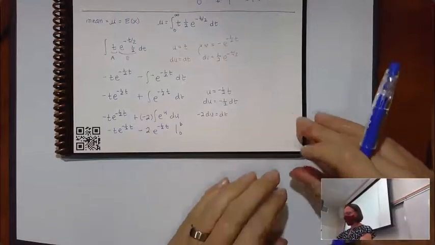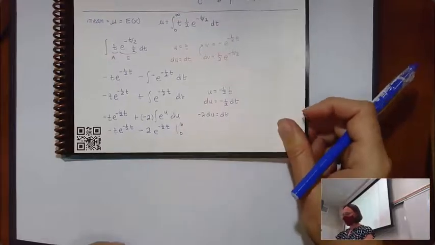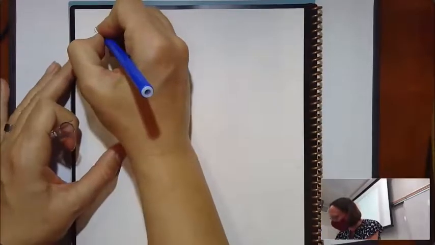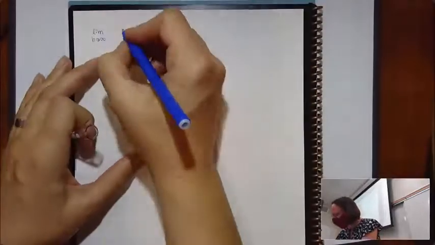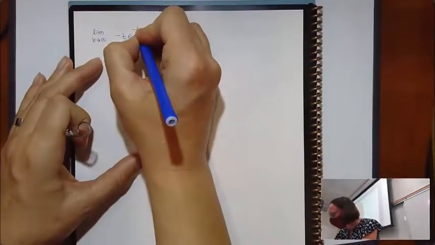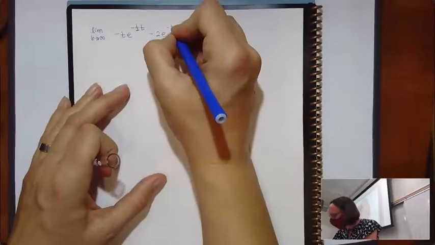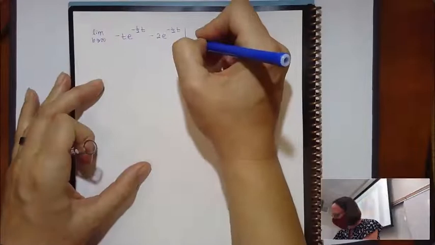Okay, I'm going to flip the page and try really hard to not make a mistake writing it on the next page. So we've got the limit as b approaches infinity of negative t e to the negative 1/2 t minus 2e to the negative 1/2 t from 0 to b.